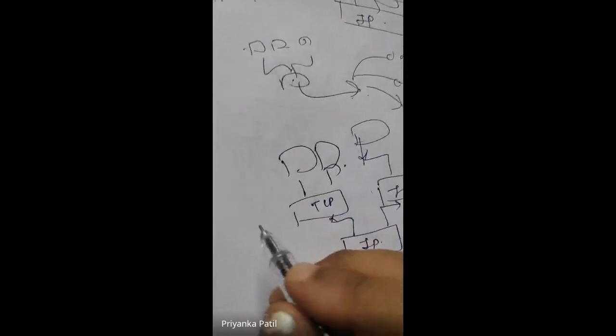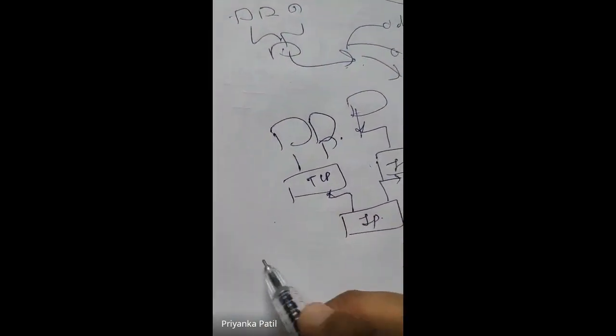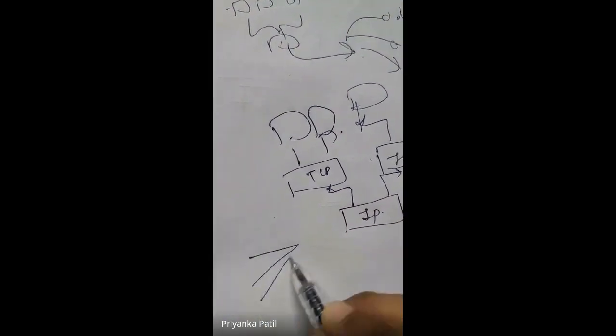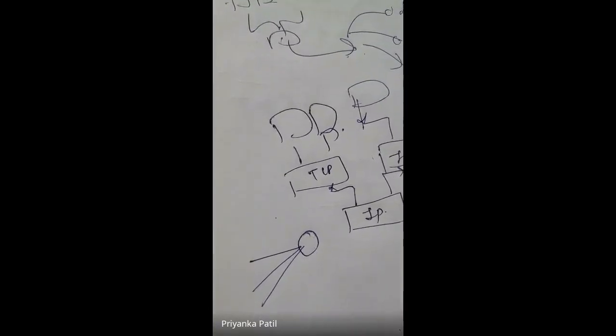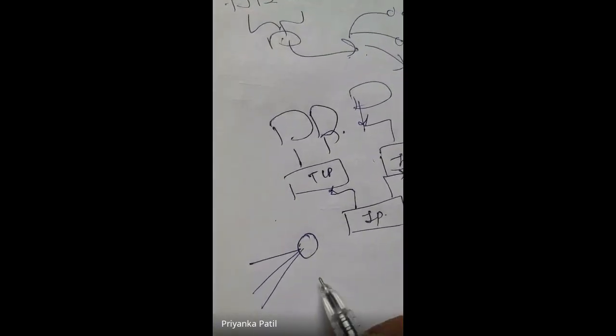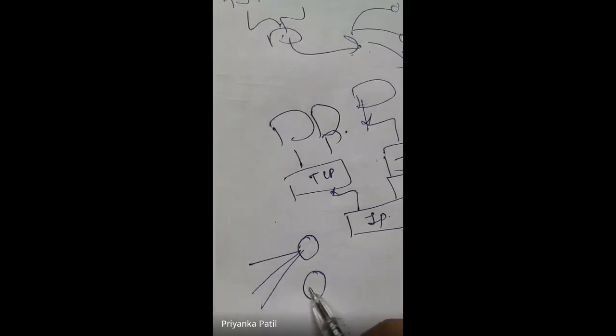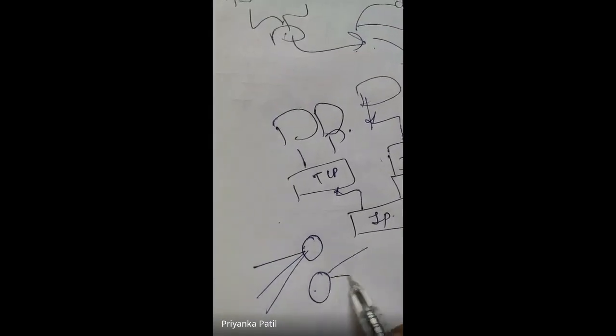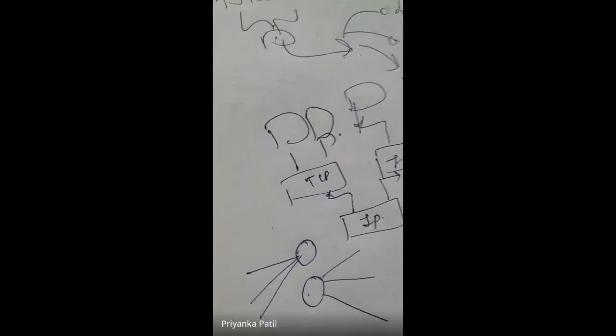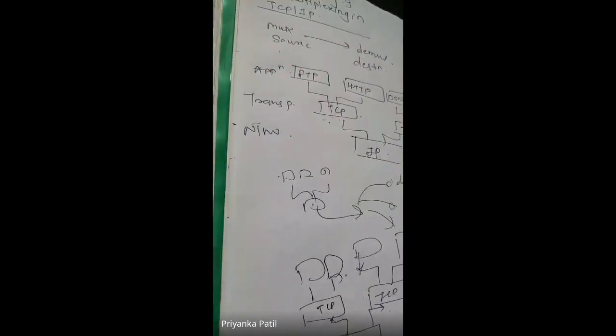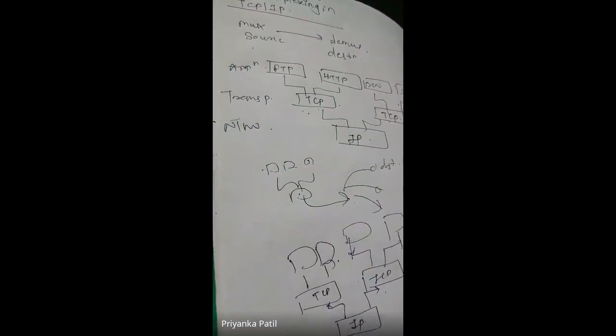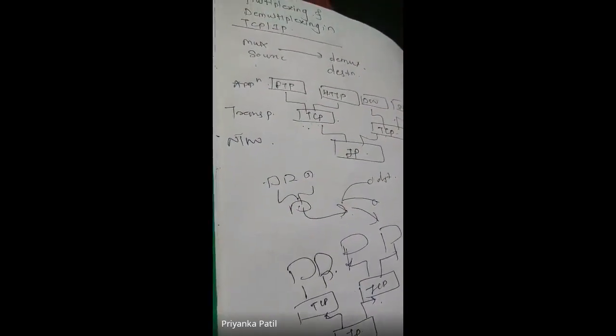Means in multiplexing, we combine n number of inputs into a single channel or single data stream, and in demultiplexing, the input is single but generates n number of outputs. This is the concept of multiplexing and demultiplexing in the TCP/IP protocol suite.